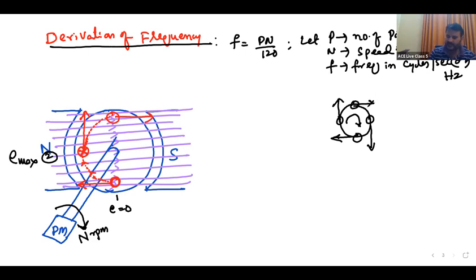We have to take the tangential direction. Our 3 fingers are mutually perpendicular, so you take the direction of motion of the conductor straight, in other words, the tangent.